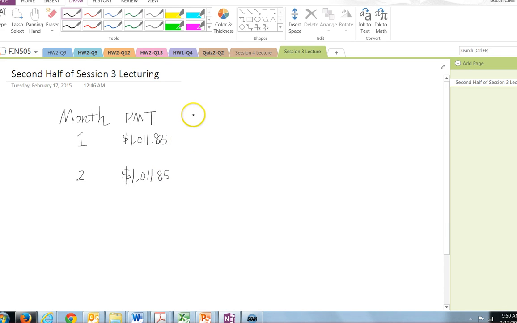Now we are interested in what portion of this payment goes to principal and what portion is interest. So let's first figure out the interest portion, and then we figure out the principal.